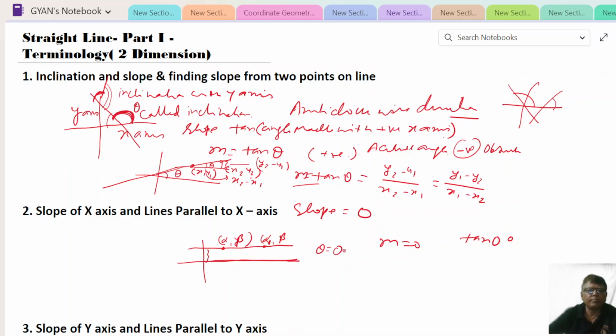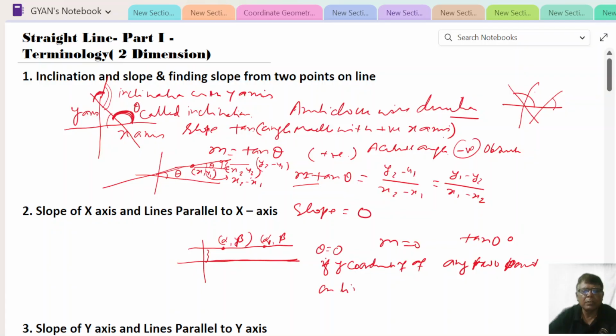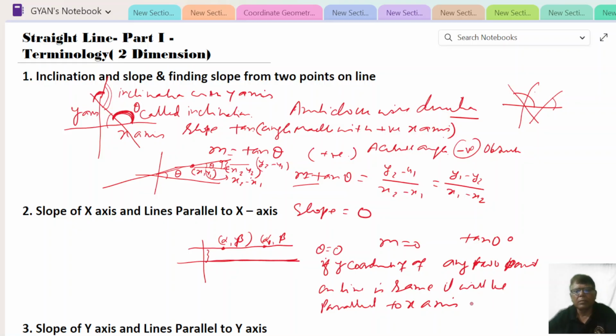So if the y coordinate of any two points on a line is the same, it will be parallel to the x-axis and the slope will be 0.